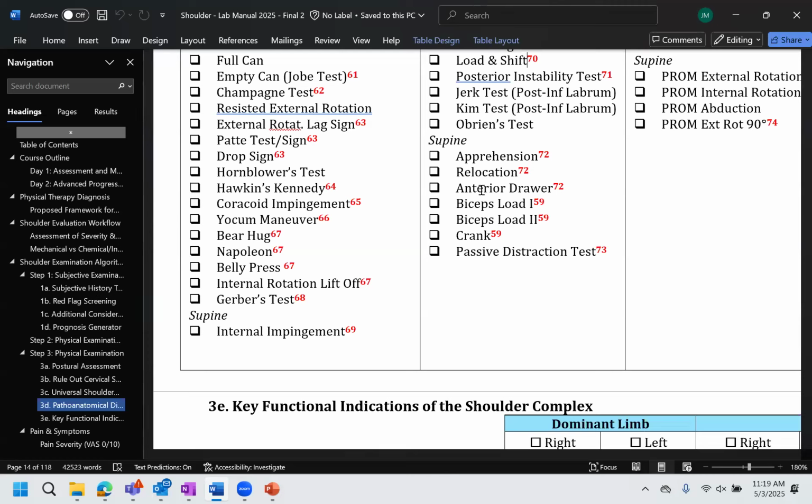Next sequence is all about trying to implicate the long head of the biceps pulling on the labrum. So you have biceps 1, biceps 2, you have crank, and you have passive distraction test. So biceps 1 is described at 90 degrees, and similar to what I did with G, I just orient them to the motion. So this is the motion that we're going to be doing.